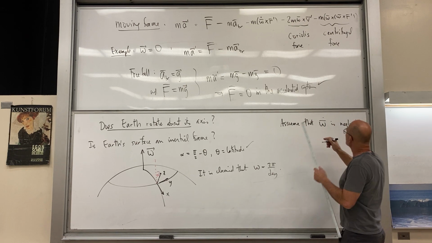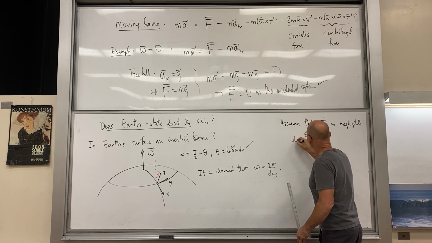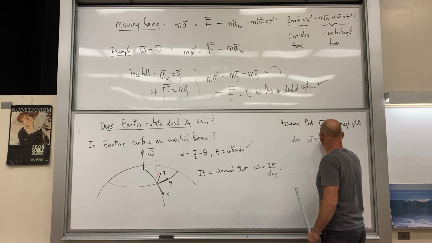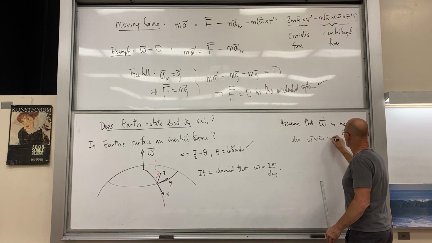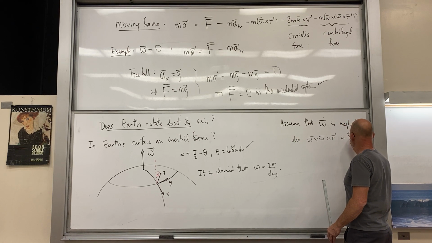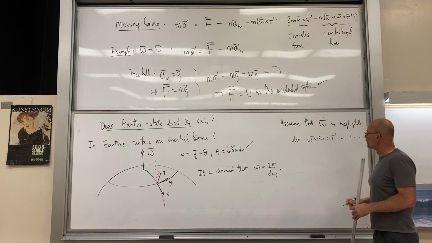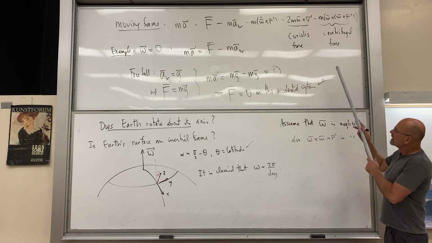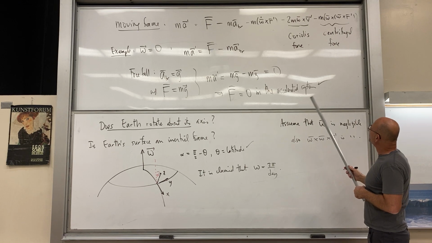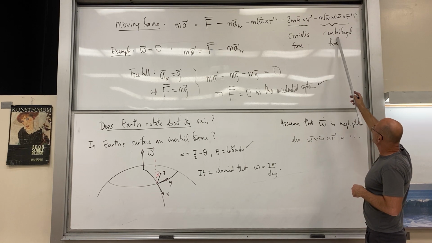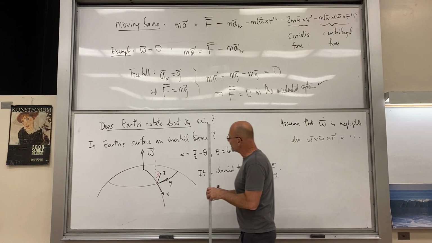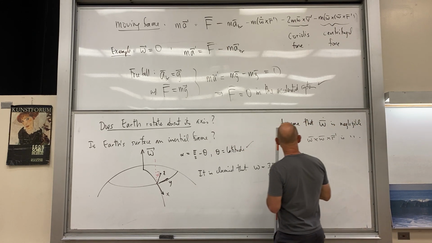And then the centrifugal force, also omega cross omega cross r prime, is negligible as well. Now, if you look at the direction of omega cross r prime, you'll see why it's called the centrifugal force. It goes away from the center of the rotating body.